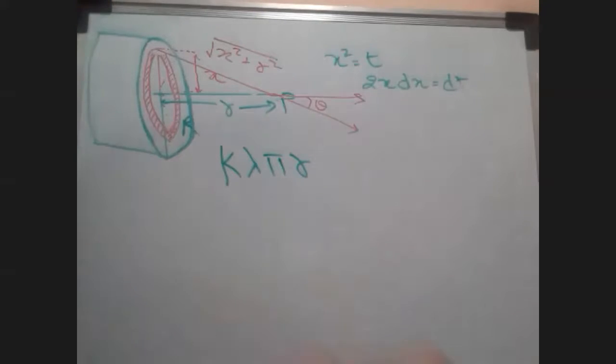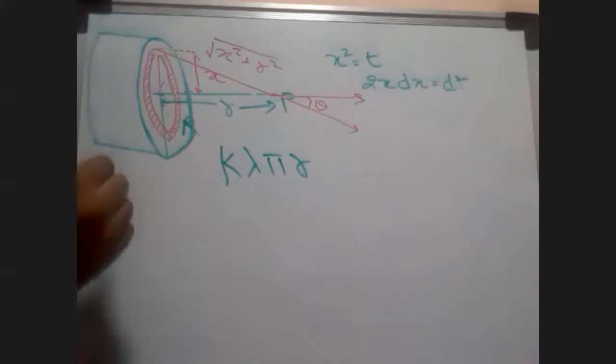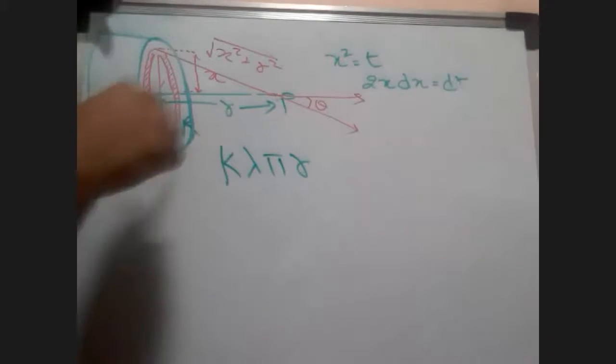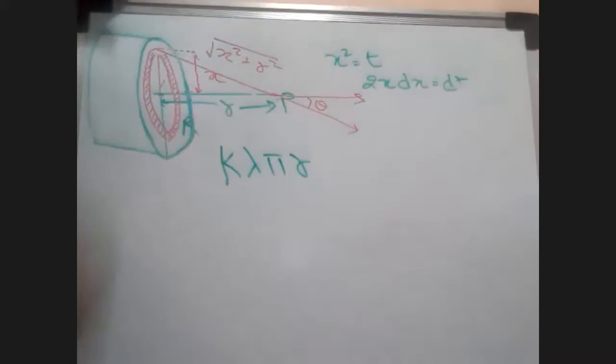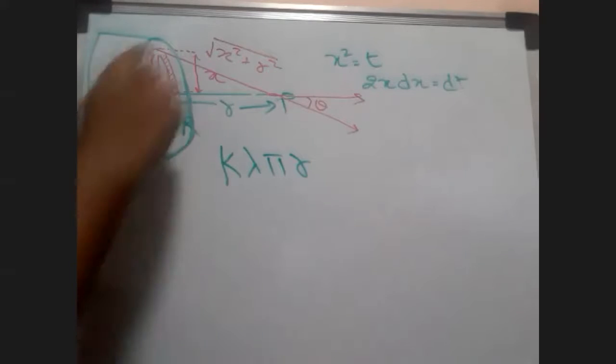I will explain in simple terms. See, this is a disk. We have to find the electric field intensity of the entire disk at this point P. Since we already did the derivation for a ring, using that methodology I'm going to take a small element over here.